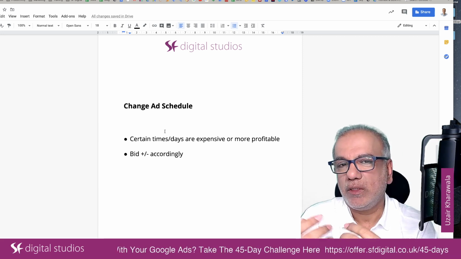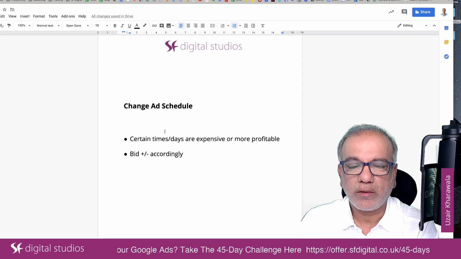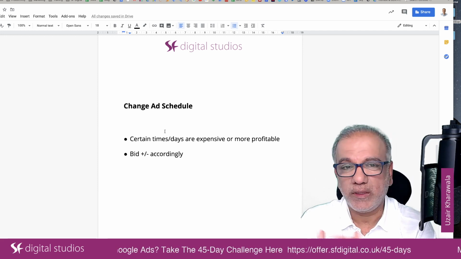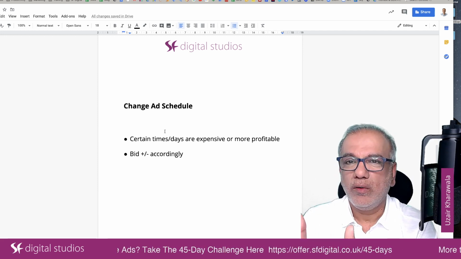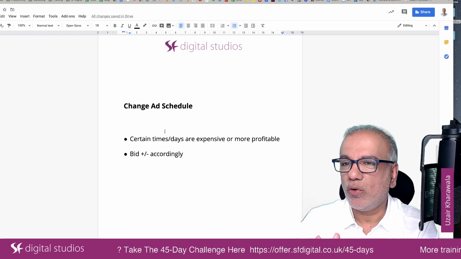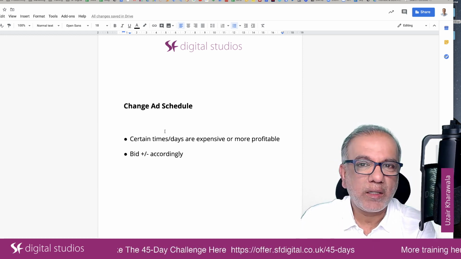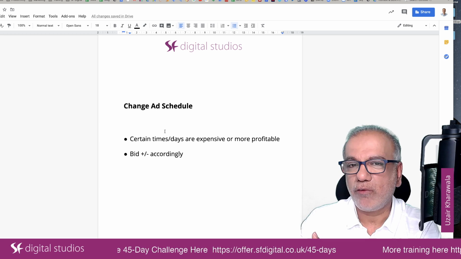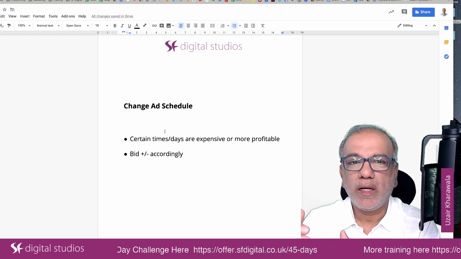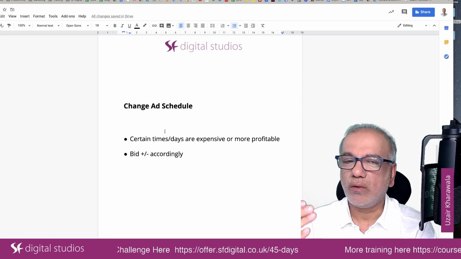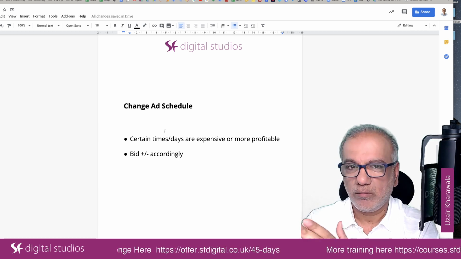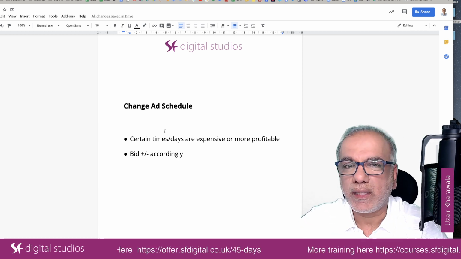If somebody comes to me for a headshot, it is comparatively low value compared to somebody who comes to me for running or managing their Google Ads account. So that lifetime value is a lot higher, and I'm more than happy to pay Google or Facebook or anybody else a higher amount to acquire that lead.